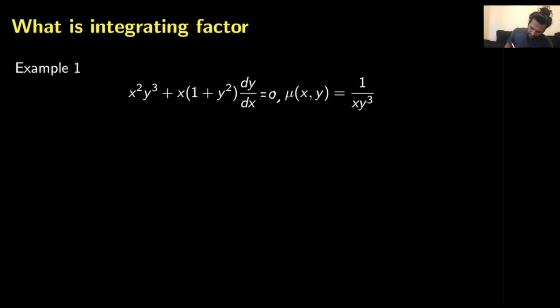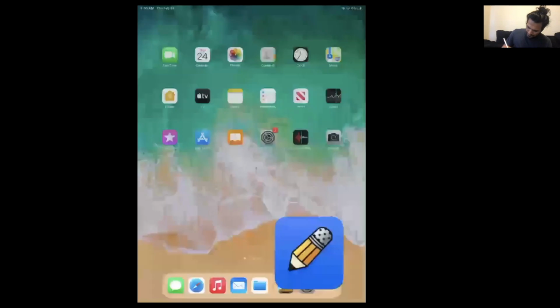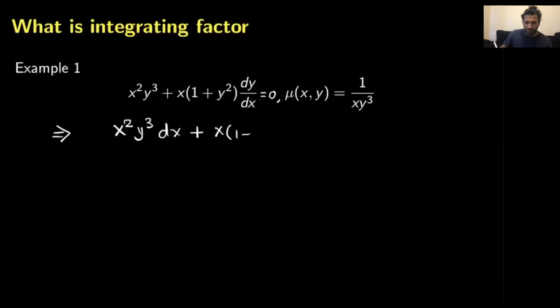I have this differential equation. First I'm going to write this differential equation into an M dx plus N dy form. So if I multiply both sides by dx, then I get this form: y square dy is equal to 0.